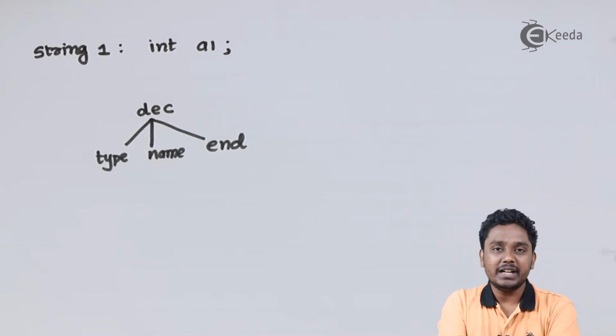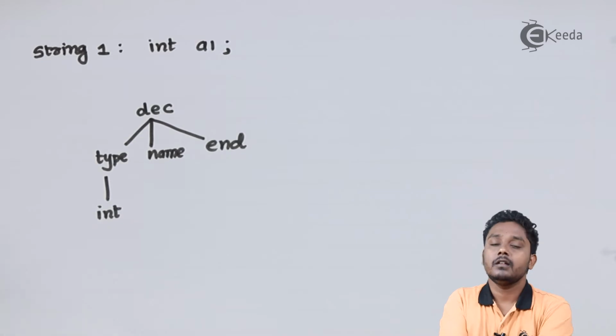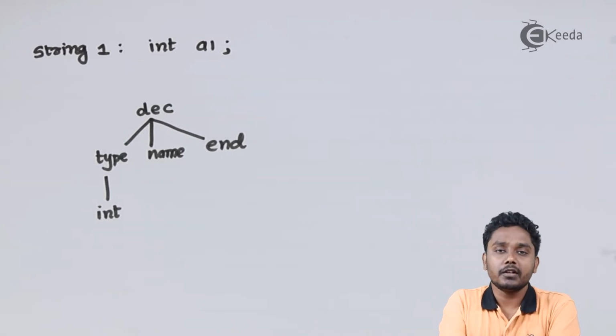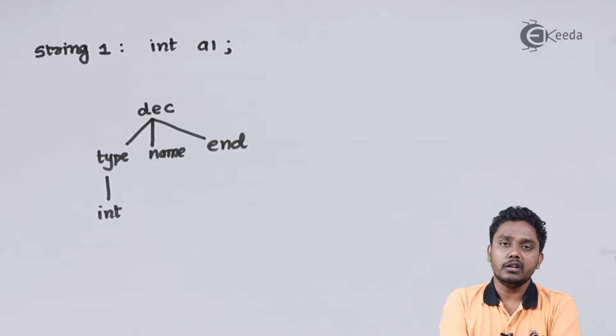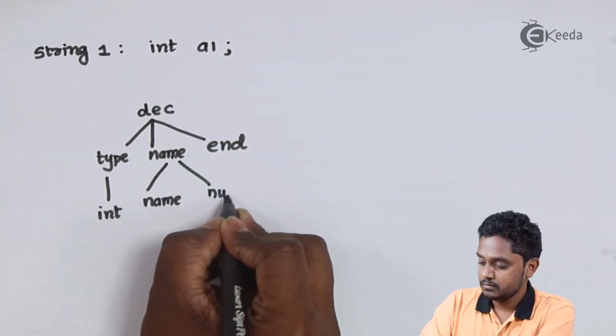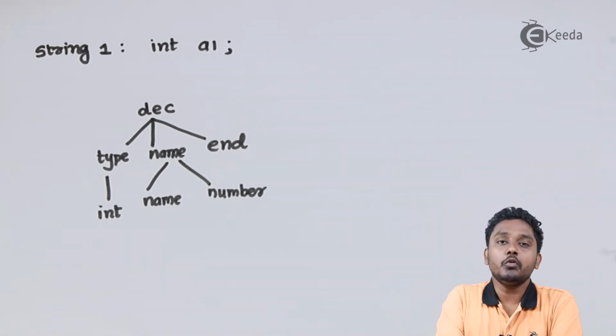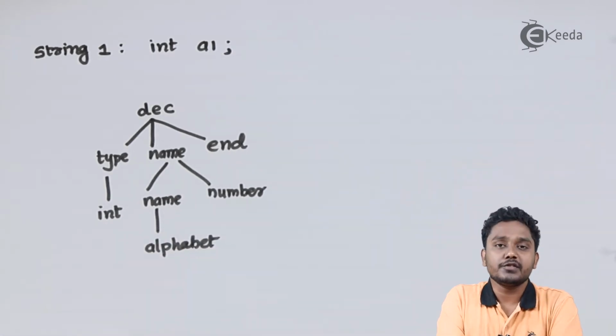From type, we want int because the variable a1 is of integer type. From name, we have to construct the string a1. To construct a1, we need the production name followed by number. To produce a, we have to replace name with an alphabet. We have constructed the tree.